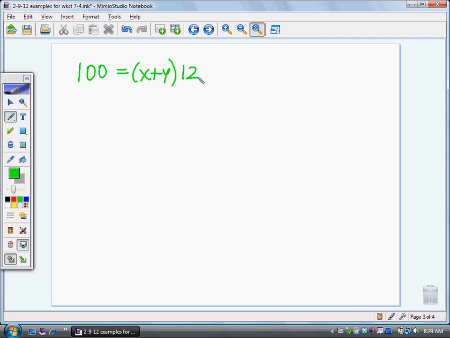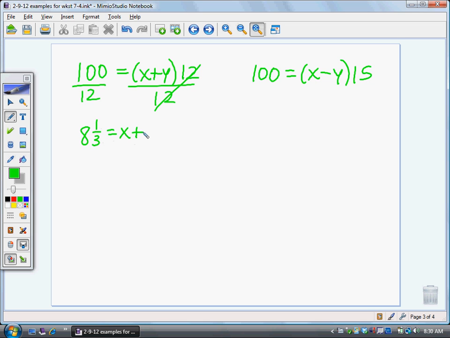Okay, here are two equations. We're going to divide each of them by the time. So I'm going to divide this by 12, and I'm going to divide this by 12. Those are going to cancel out. You're going to take 100 divided by 12, and you're going to get 8 1/3, and that's equal to x plus y.